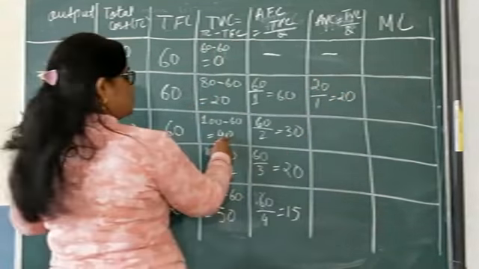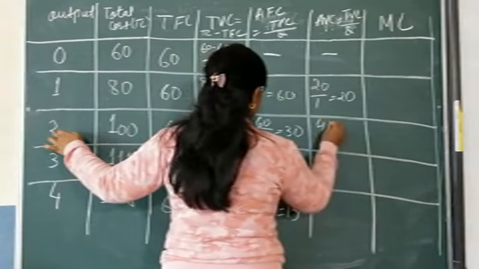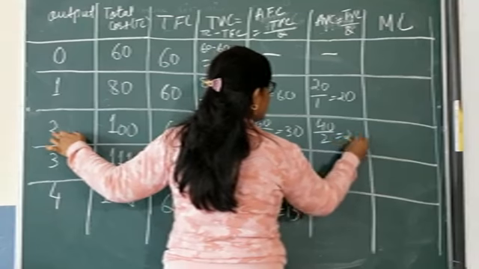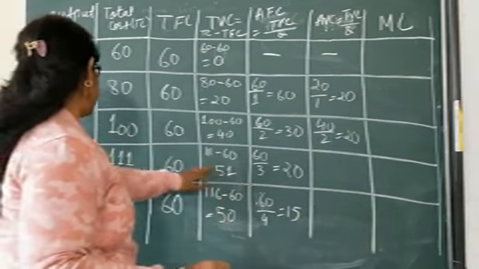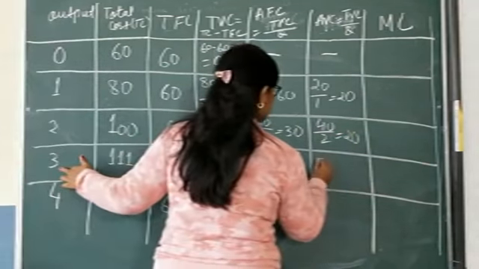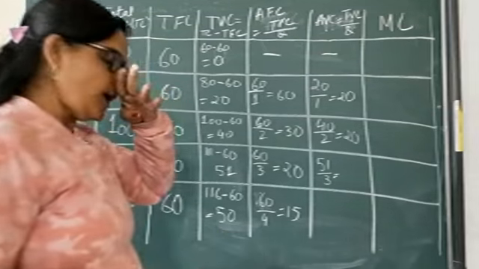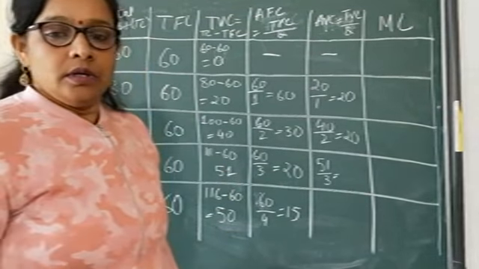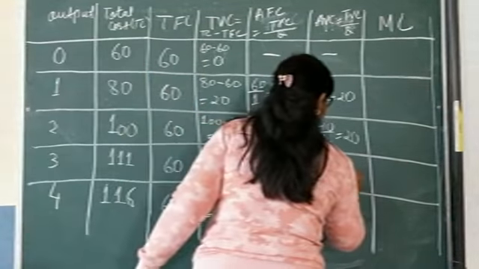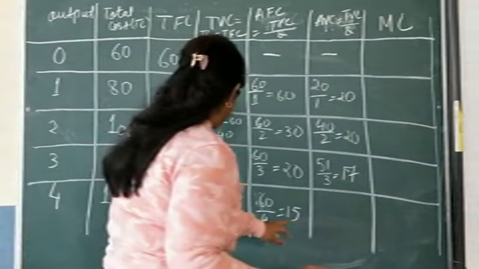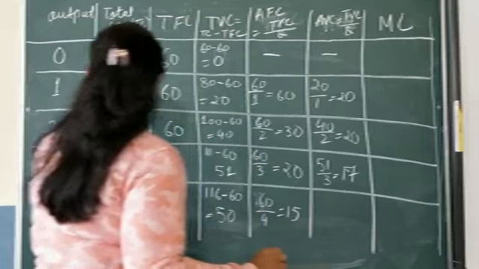Then 40 upon 2 will give you again 20. Then 51 upon 3 will be 17. And 56 upon 4.